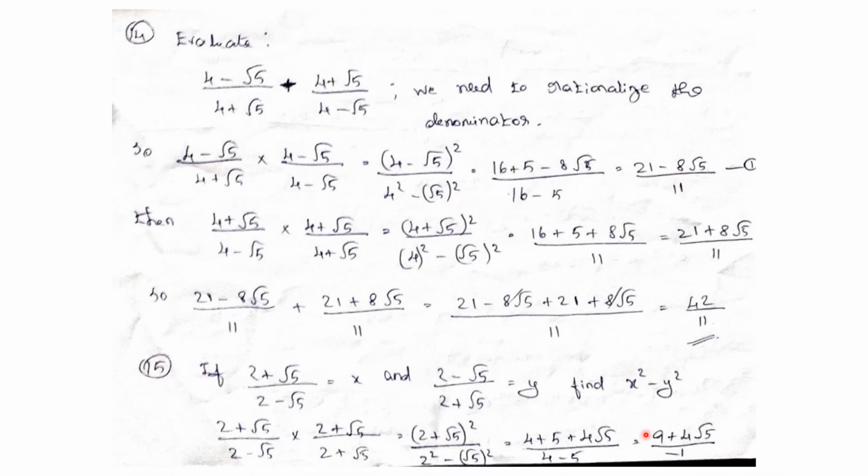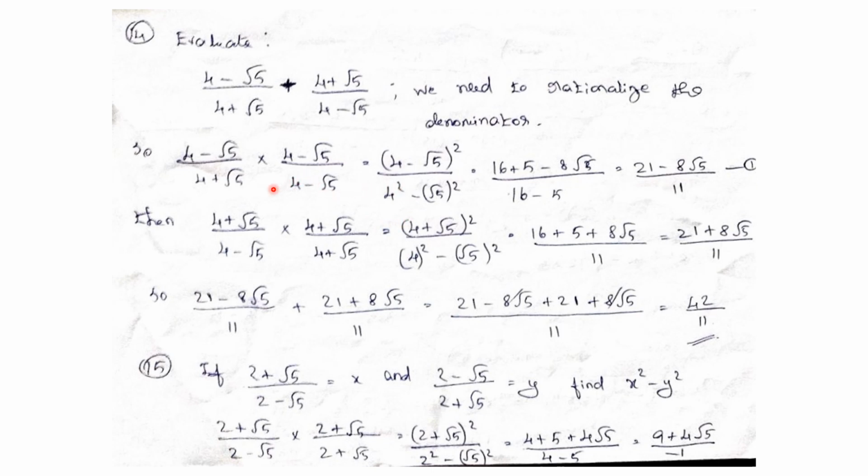14th sum, evaluate. That is 4 minus root 5 by 4 plus root 5 plus 4 plus root 5 by 4 minus root 5. We need to rationalize the denominator. So each term should be rationalized and then the addition should be done.